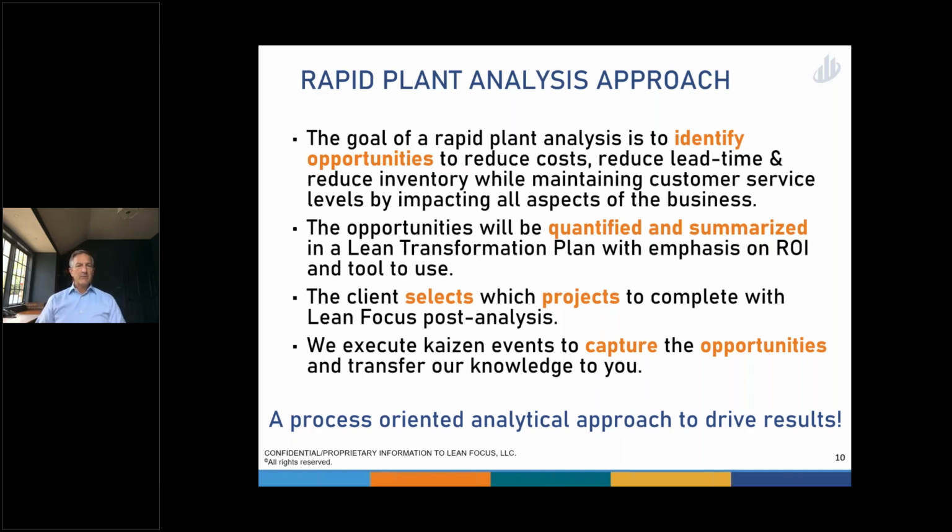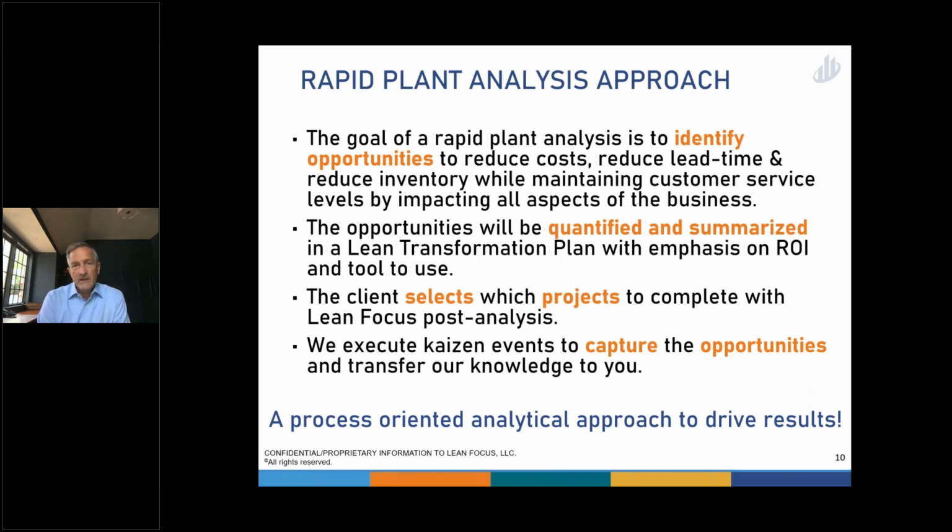The output of a rapid plant analysis will be quantified and summarized as a Lean transformation plan with an emphasis on the return on investment and specifying which tool to use for each step in the process. The client selects which projects are going to be done along with Lean focus after we've completed the analysis. So the roadmap is really created collaboratively in terms of what you think and prioritize about your business and how you want to measure ROI on the path forward.